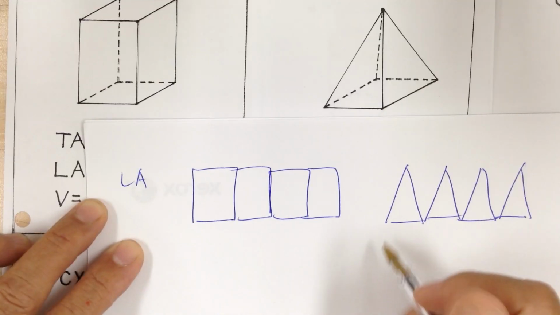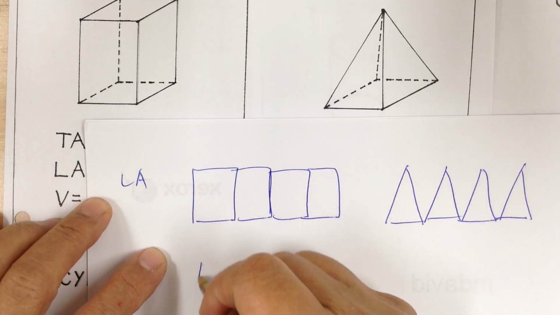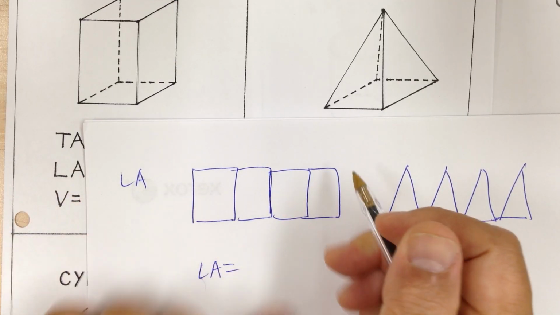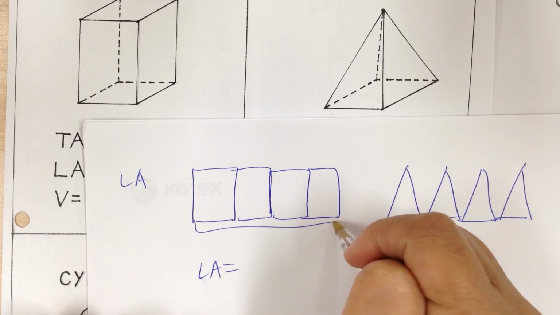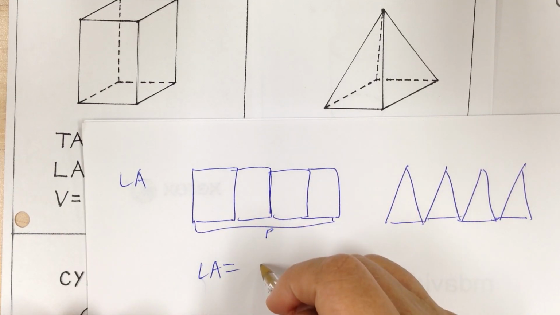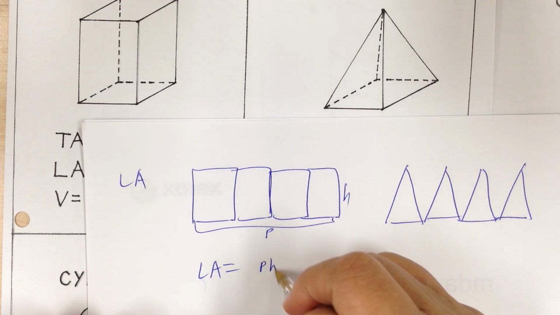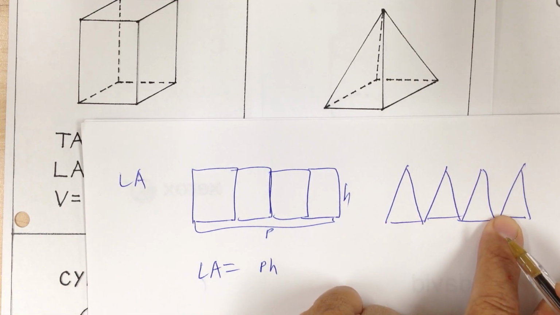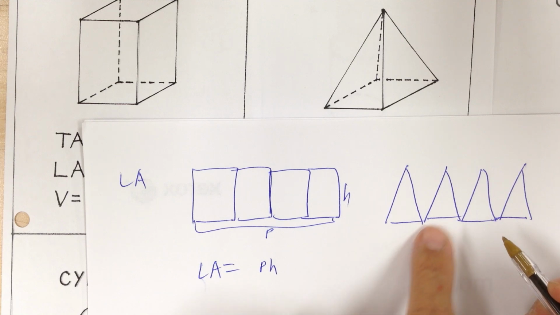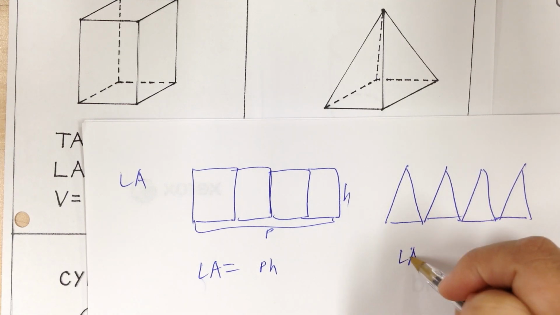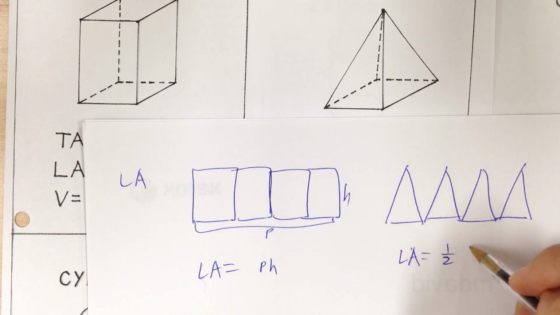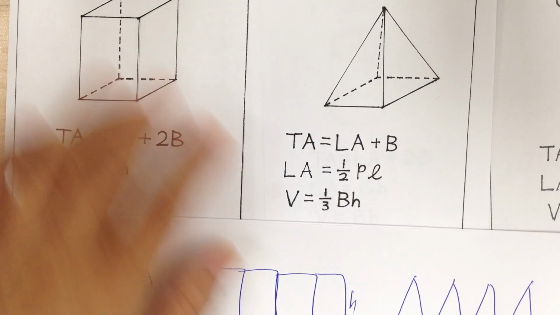Now the area of the rectangle is base times height, and the base would be the perimeter, so it would be perimeter times height. Over here, because the area of a triangle is 1/2 base times height, the lateral area equals 1/2 the perimeter times height. So that's where it came from.